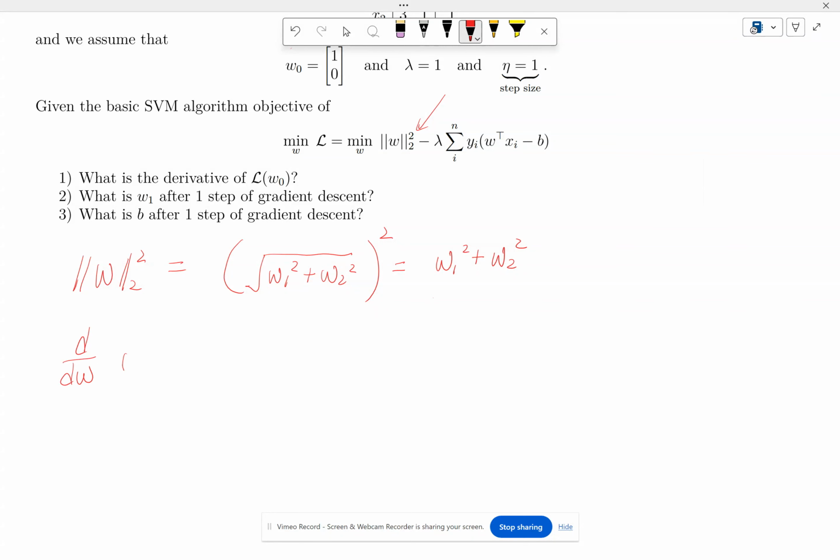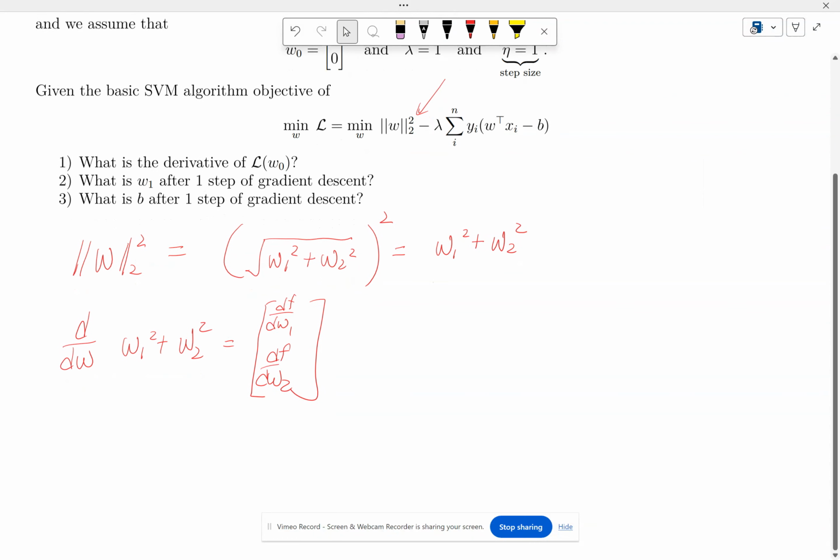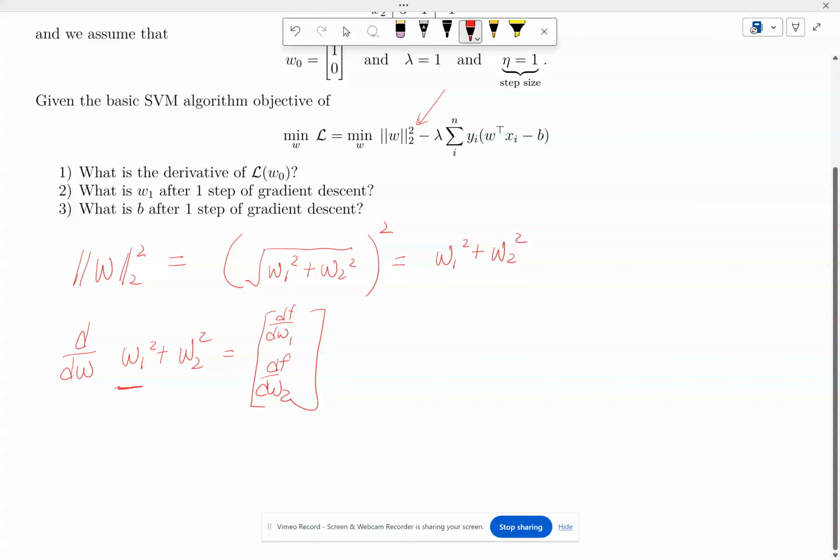dW of W1 squared plus W2 squared is equal to dW1, dW2. We'll call this the function, df dW1, df dW2. So what is the derivative with respect to W1?